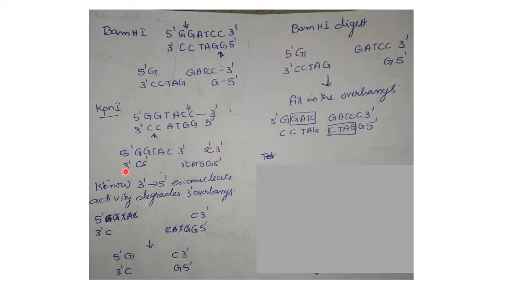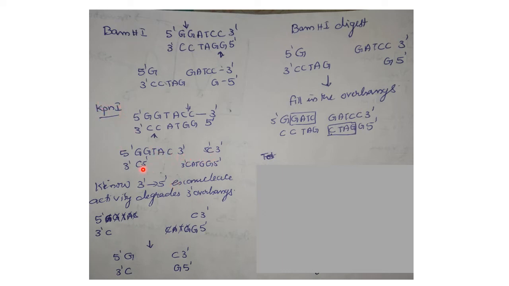And now you know that they have provided you with the Klenow fragment, and it has polymerase and 3' to 5' exonuclease activity. So what will Klenow do? Klenow has 3' to 5' exonuclease activity and degrades the 3' overhangs from KpnI. So this is the KpnI sequence.